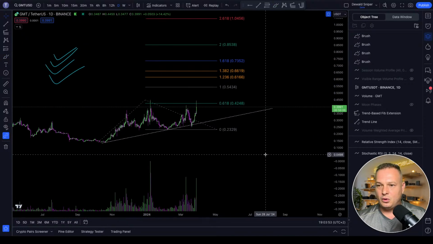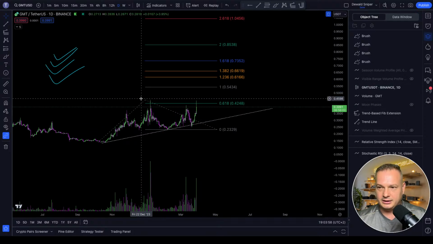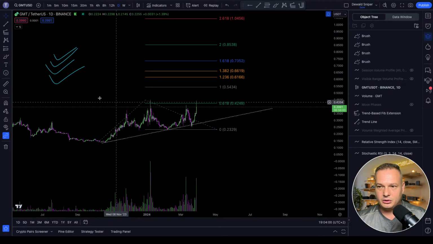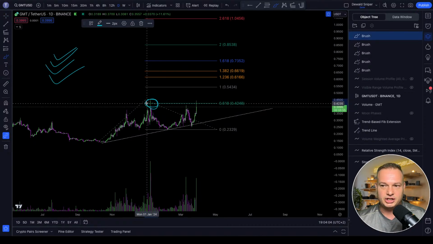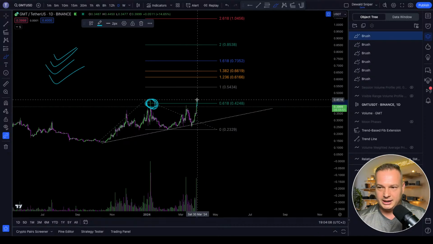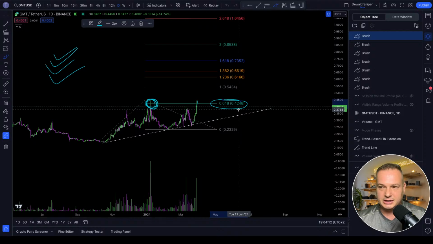The fundamentals I am happy with. And also, we have not even claimed the Jan highs over here. I really like coins that have not claimed the December or the Jan highs in this area as yet. You can see we tried and we found resistance by the 0.618 level.